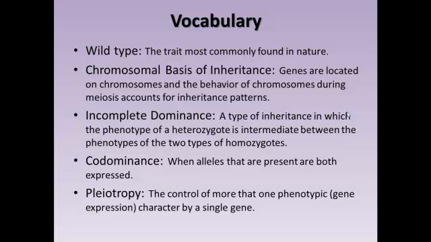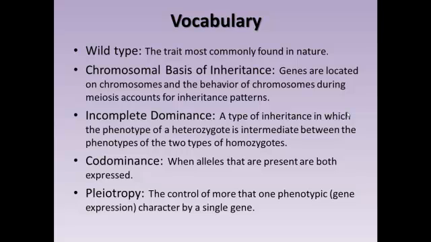So it's different from incomplete dominance, where there's a gray area between each gene, and the phenotype is expressed somewhere along that gray area. In codominance, and we'll talk about this with blood types, each allele is expressed, and we'll go into some examples.